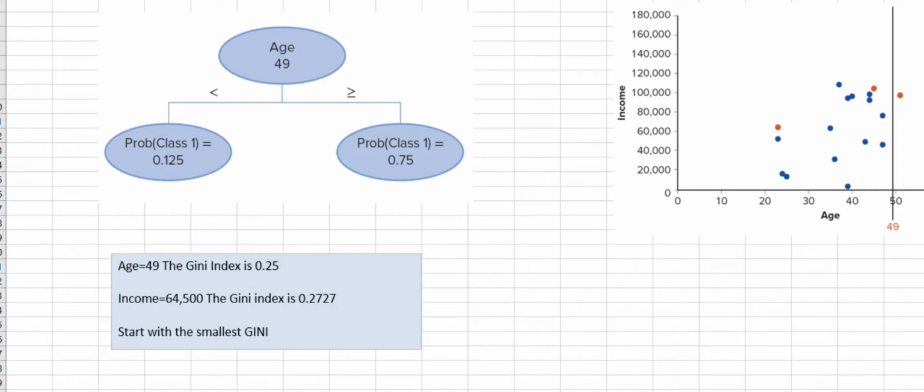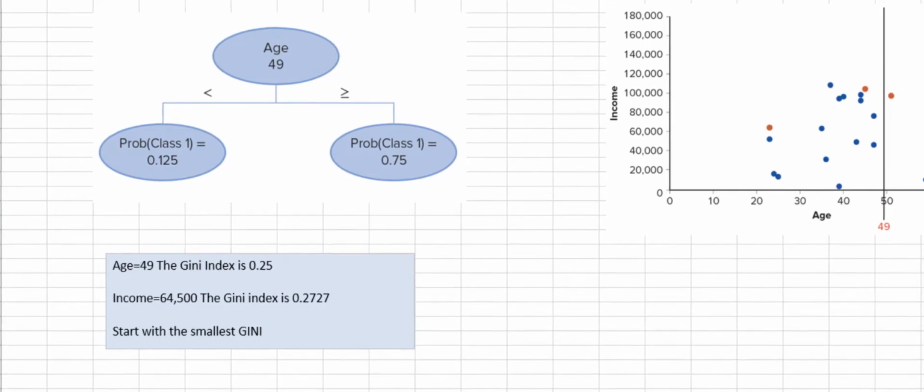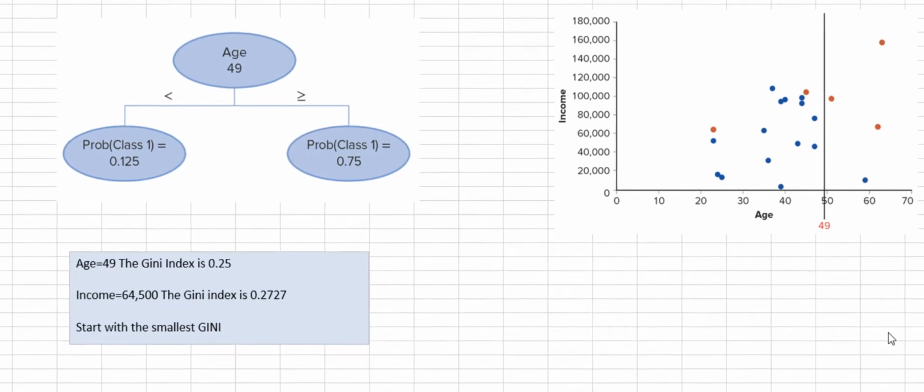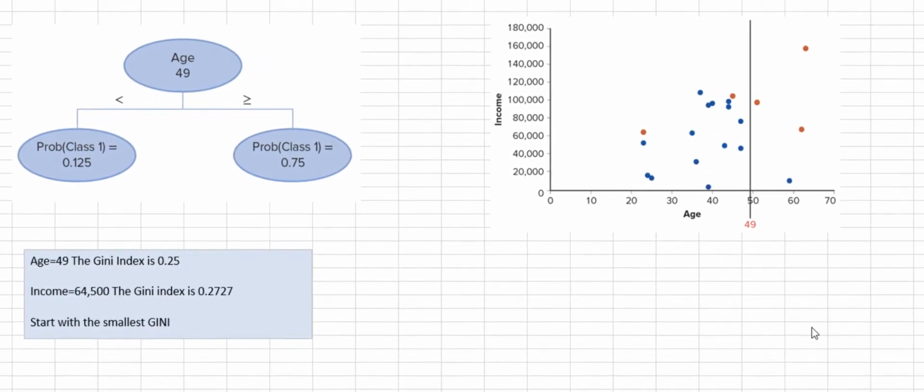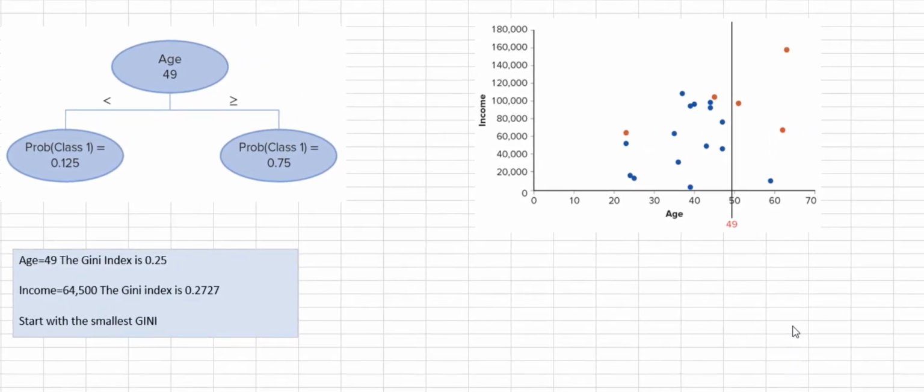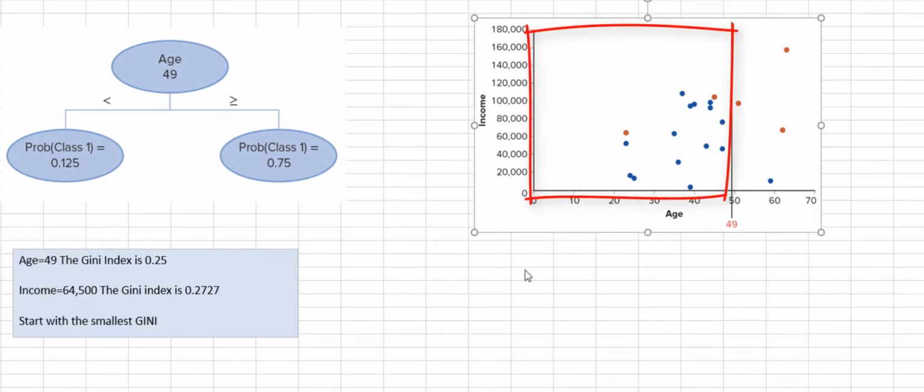Next, we find the probabilities that a customer responds to the HELOC offer given the customer's age. In general, this probability is found by finding the proportion of cases in the partition that belongs to the target class. For example, for the partition less than 49, we have two cases that responded to a HELOC offer and a total of 16 cases.